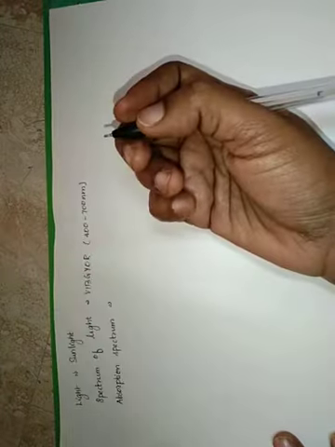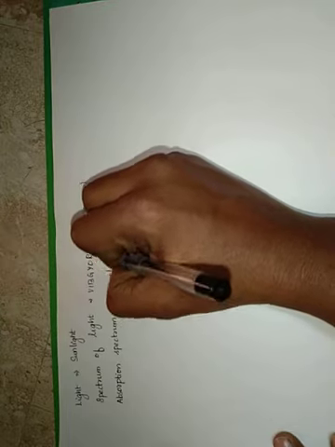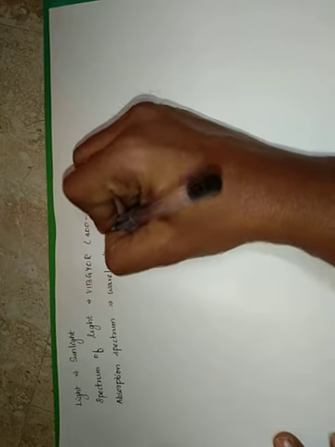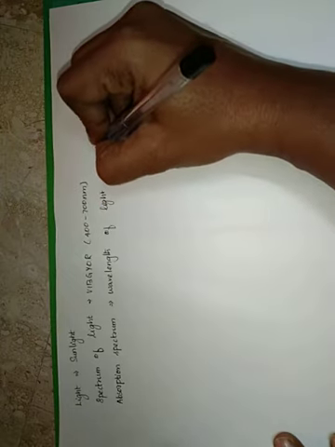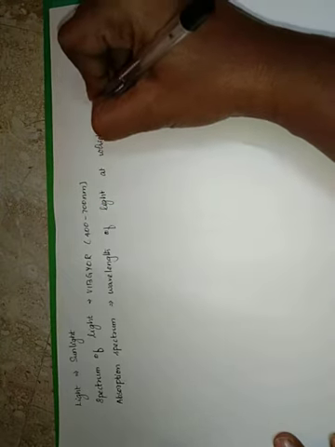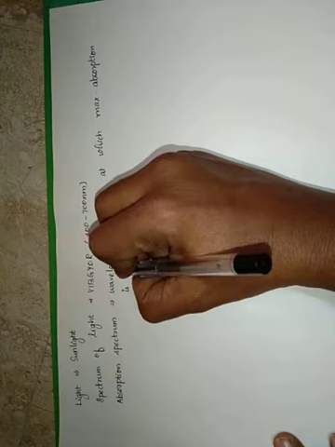And one more important term that we have to study is absorption spectrum. Absorption spectrum means the wavelength of light at which maximum absorption is seen.